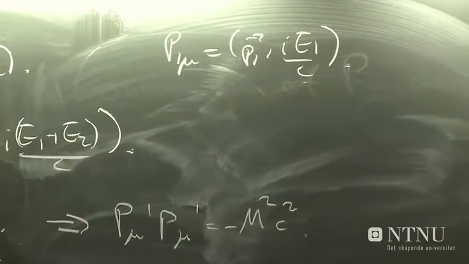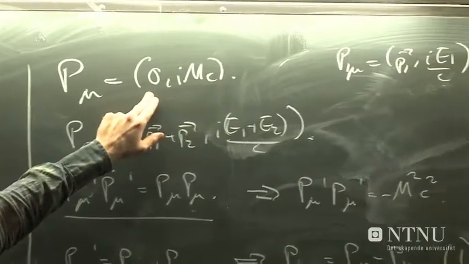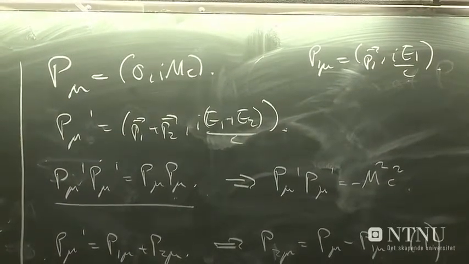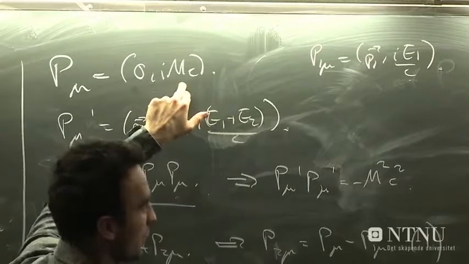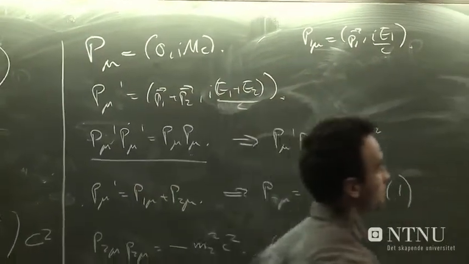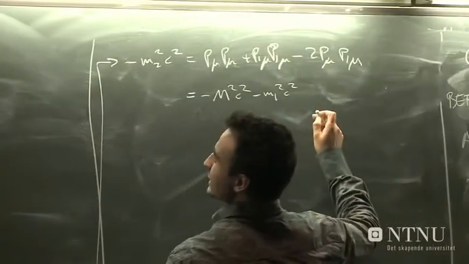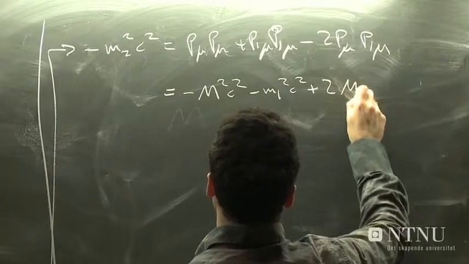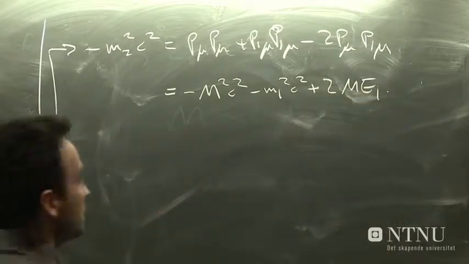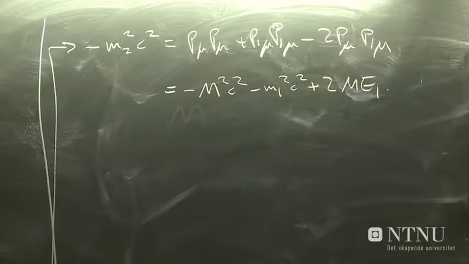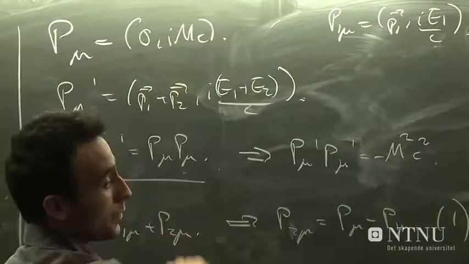Now, fortunately, this component here of the momentum is 0 for the initial particle. So we only get a contribution from the product between the fourth components. So we should get plus 2mE1. So the minus sign cancels the i squared.